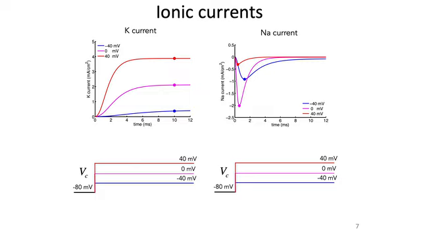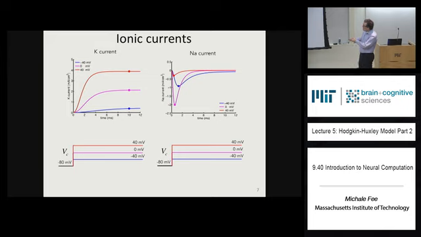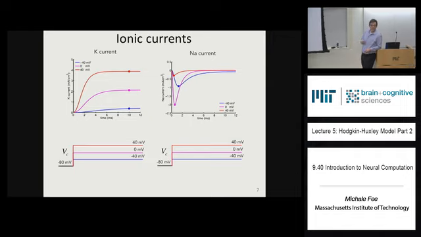We start hyperpolarized, we step up to -40 and measure this potassium current. We step up to 0 and you see this larger potassium current. If you step from -40 to 40, you see an even larger potassium current. And you can plot this peak current or this steady state current as a function of voltage. All right, that gives you an IV curve, and we'll look at that in a second.